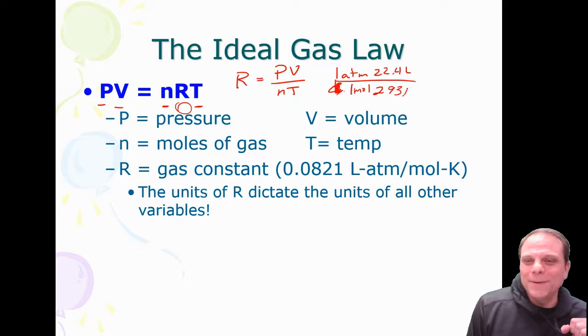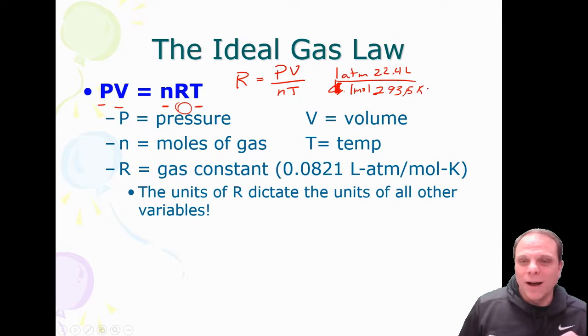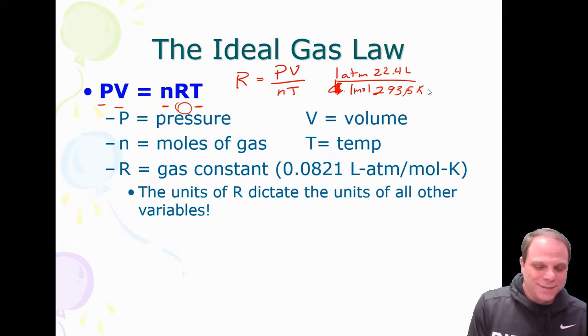Figure it out. I'm going to math this. It's 22.4 divided by 273.15. Yeah, this is the 273. It's at 0 degrees Celsius.